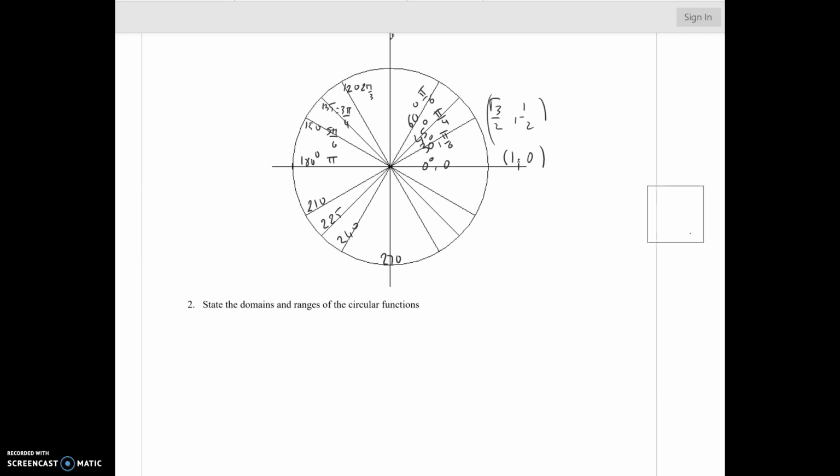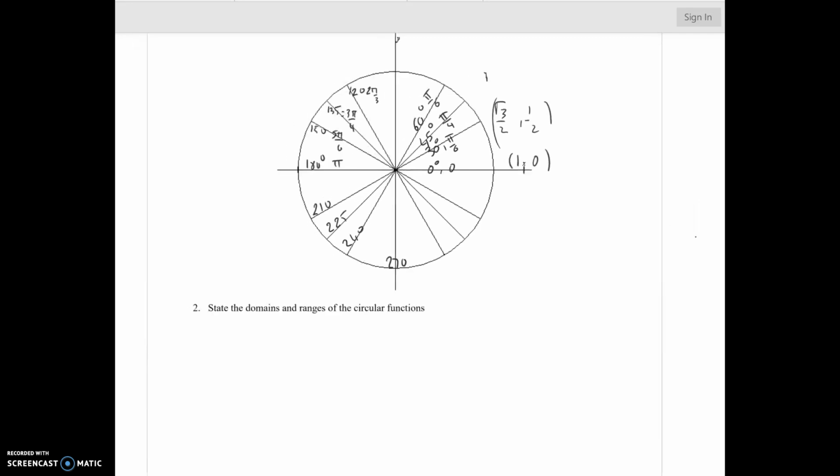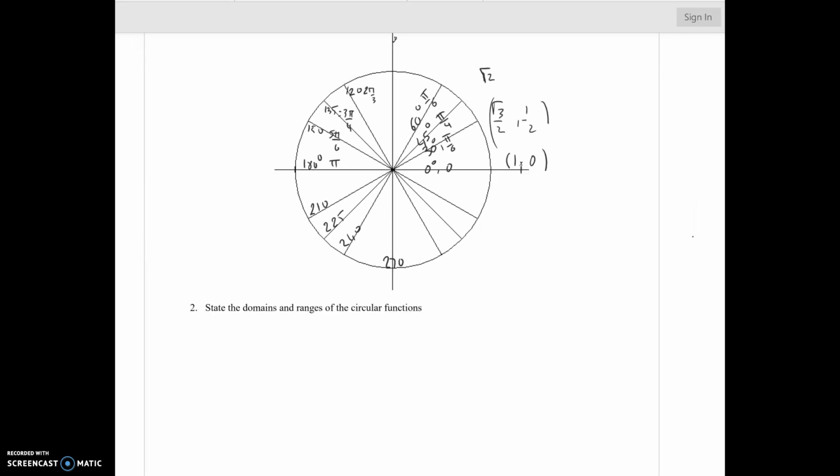Then for pi over 4, I'm going to have square root of 2 divided by 2 for the cosine and square root of 2 divided by 2 for the sine, both positive, by the way. And then for pi over 3, I got 1/2 and square root of 3 divided by 2. And for the last one, we have 0, 1, as the sine will be equal to 1 and the cosine will be equal to 0.